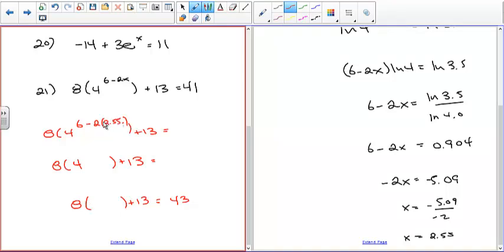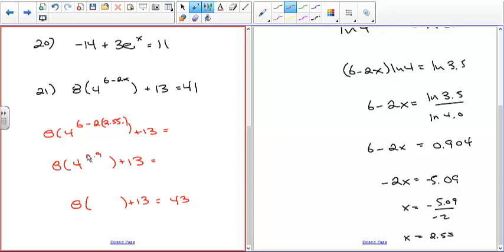Okay, so 6 minus 2.55 times 2. 6 minus 2 times 2.55. So I get 0.9.